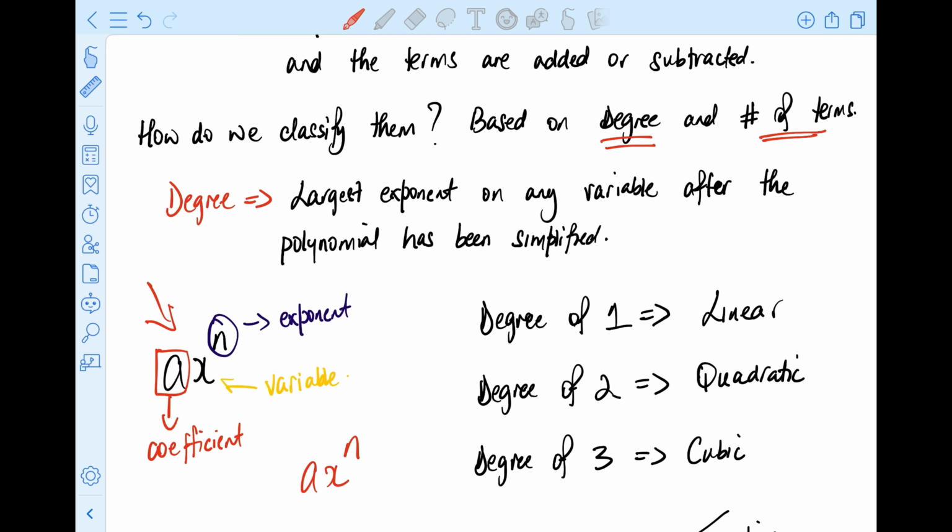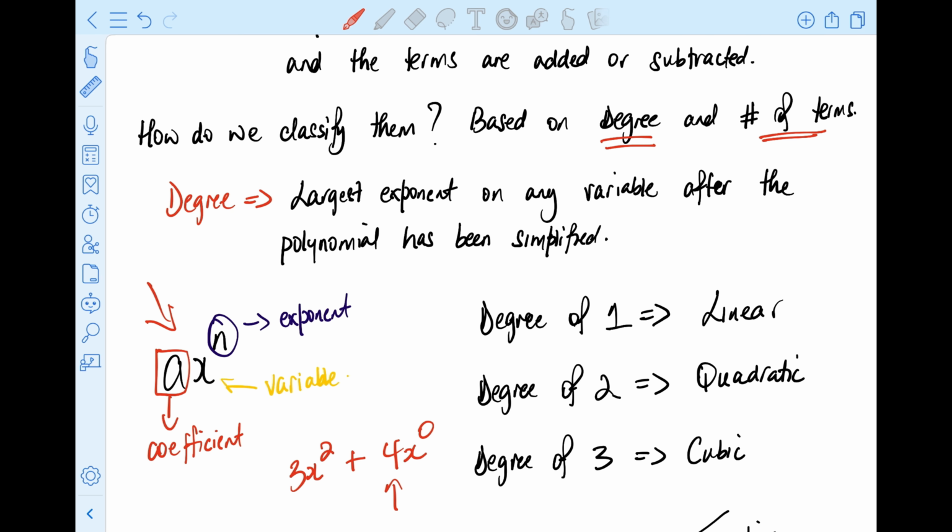And a number that is multiplying a variable is called a coefficient. If a number stands alone, then it's called a constant. So, for example, 3x squared plus 4, this 4 here is just a constant. It's a term by itself. Here's the trick. It also has a variable, but the exponent is 0.